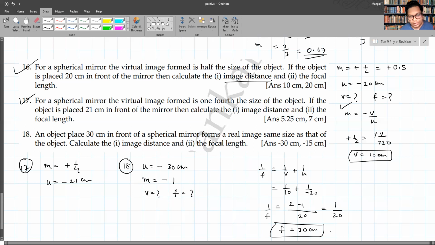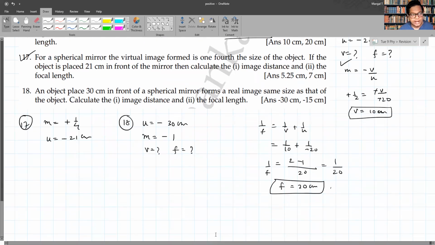Now, if you are told not to do any calculation and arrive at the answer, you should be able to do that. Anyone would like to tell me what happens in this? So we had to do it with the help of a diagram. No, you know that when is the image formed of the same size?